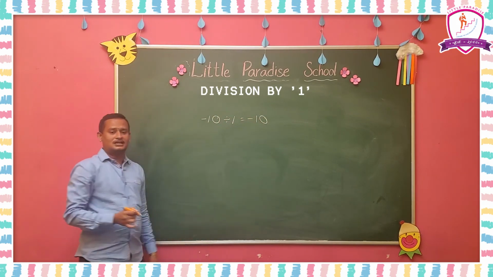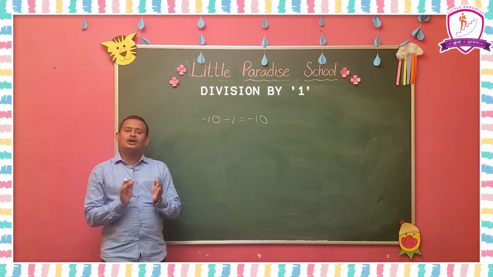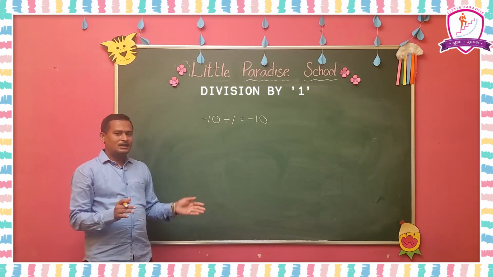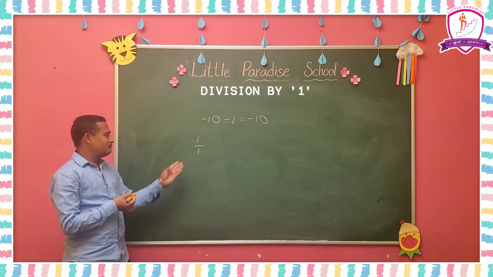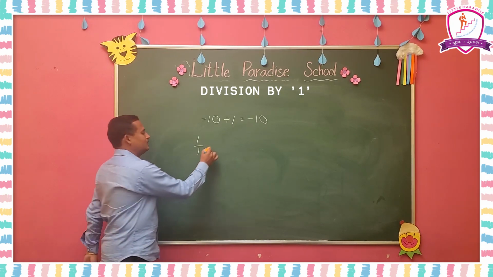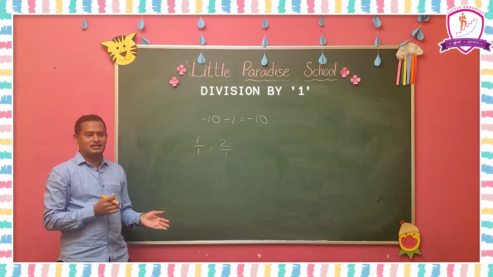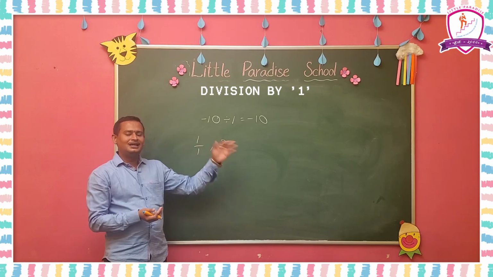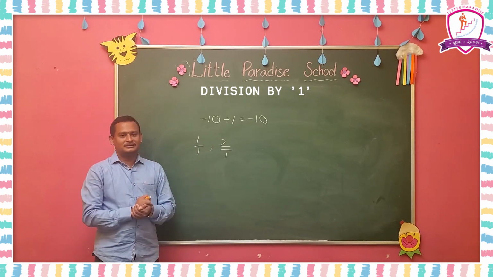One thing you need to remember: any whole number like 1, 2, 3, 4 and so on, you can write as 1 by 1, 2 by 1, and so on. You can imagine like this. The denominator will always be 1 for every integer and every whole number. This is the division by 1.